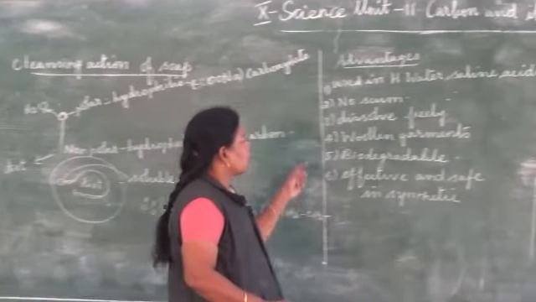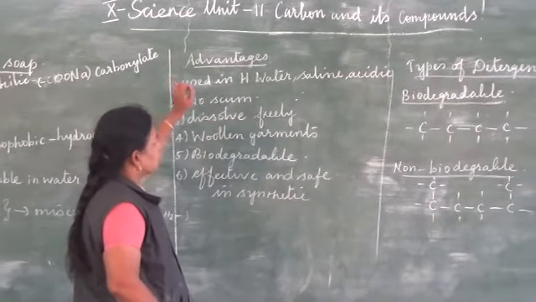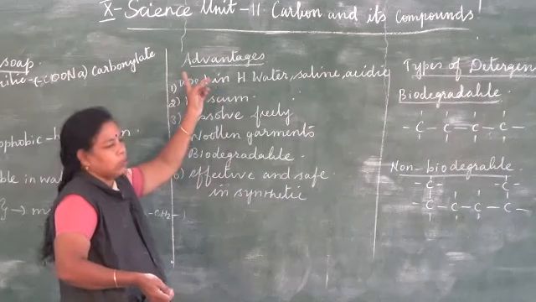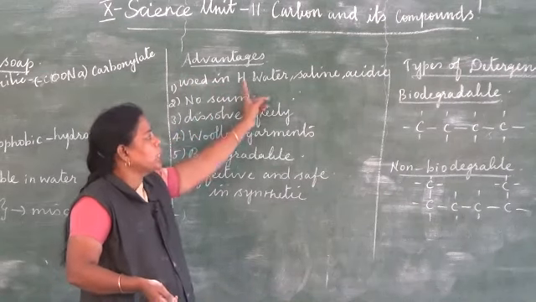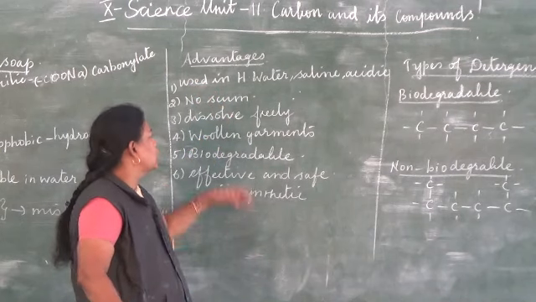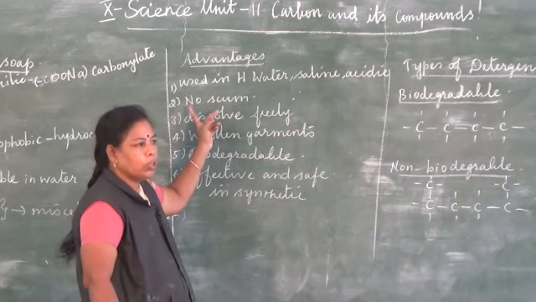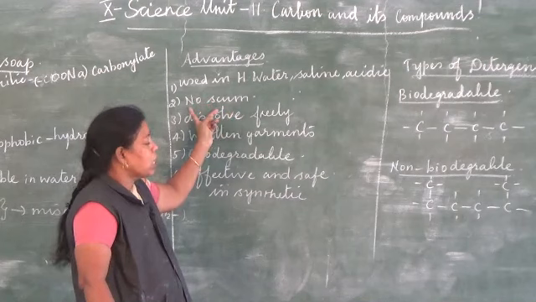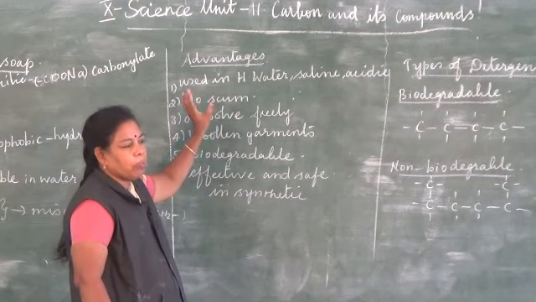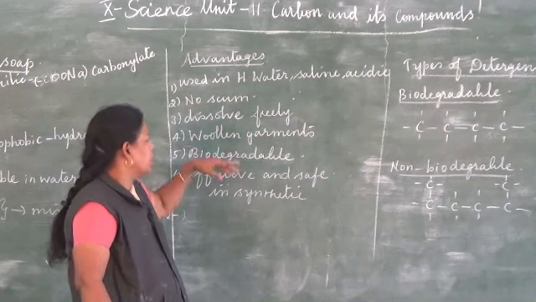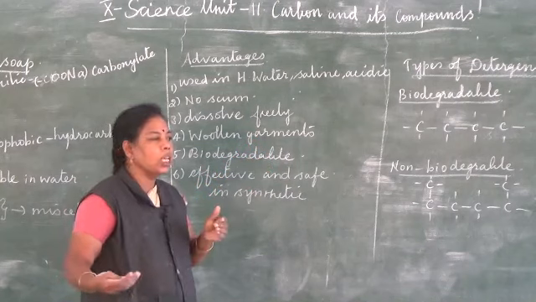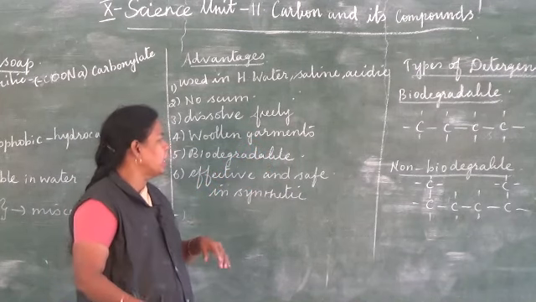And then next we are going to see the advantages. What are the advantages of detergents over soap? Detergents can be used in hot water, saline water, and acidic water. It can be used in all kinds of water, and it does not form scum. So the fabric will be prevented from corrosion and sticky appearance, and it dissolves freely in water and removes dirt particles easily from the clothes.